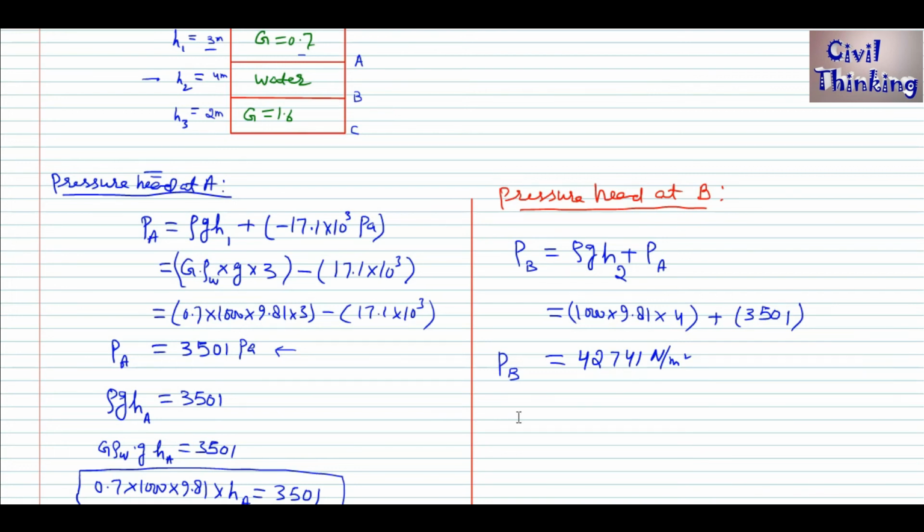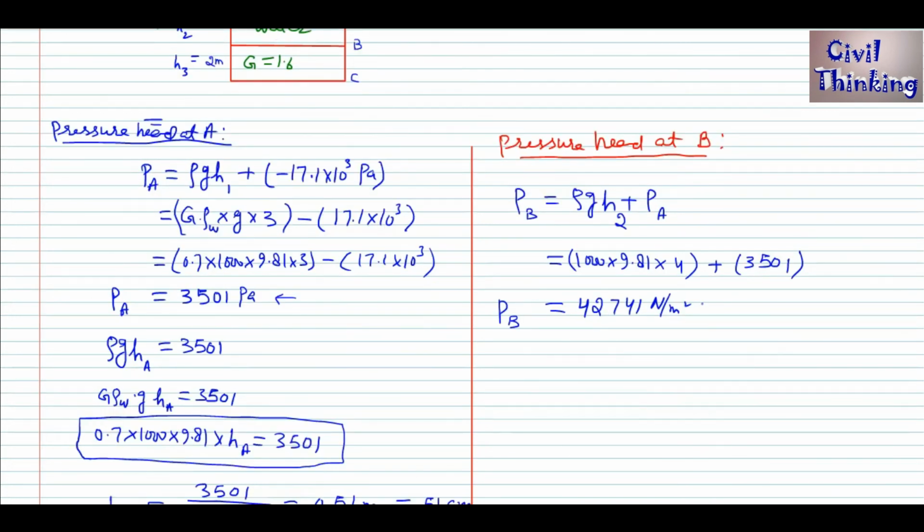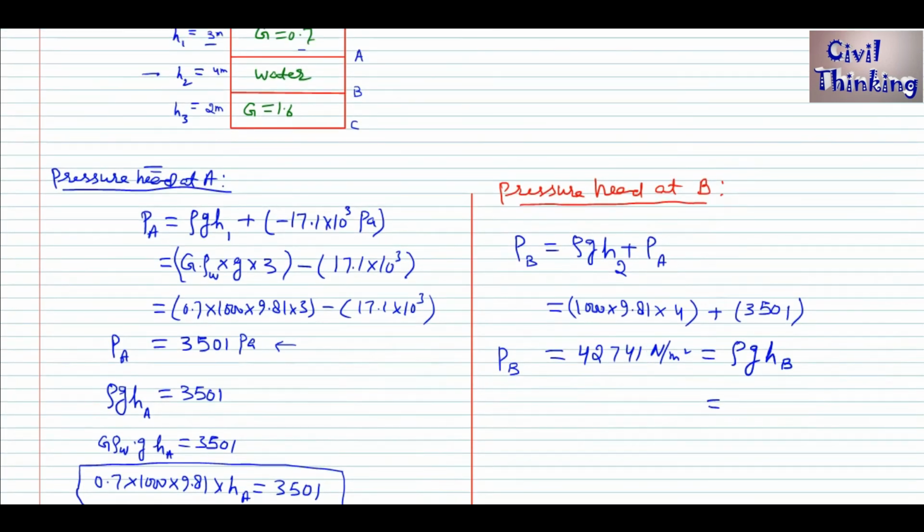Now we know the pressure at B, which is equal to rho G head at B, because that is the formula. At B it is water, so the density is 1000 multiplied by 9.81 multiplied by HB, equal to 42741.